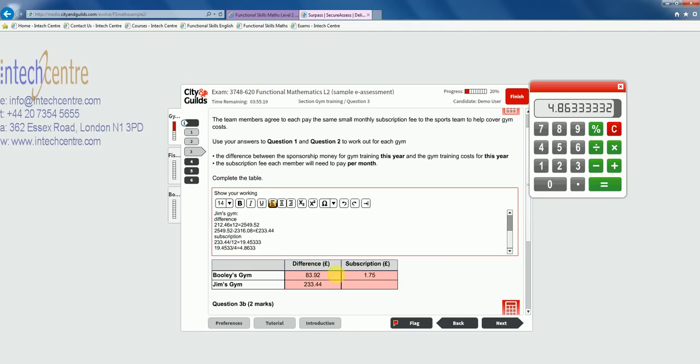So we put the value for the difference here in the gym subscription. Remember to round accordingly. As you're working with money, you must make sure that you round accordingly. So we're going to round to 2 decimal places. You could do £4.86 or £4.87.